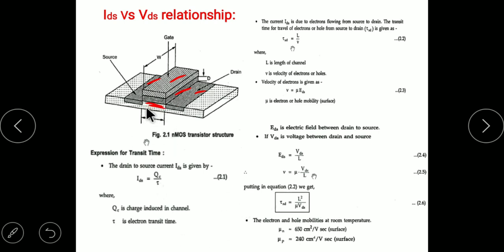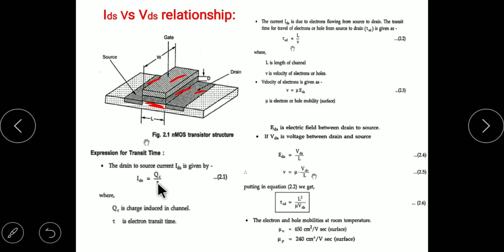The transit time is defined as the time taken by electrons to travel the distance of channel length, or the time taken by electron to move from source to drain region.